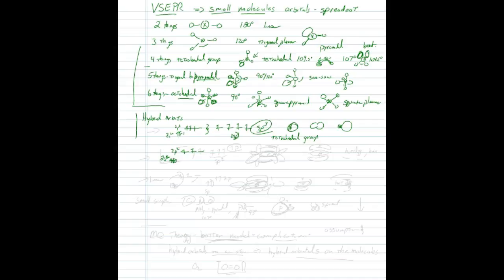You promote one up here, but you don't combine all of them. You only combine 3 of them, and you get 3 electron pairs that are the same in a p. So you have sp2 hybridization, 1 s and 2 p's makes 3, and a p orbital.